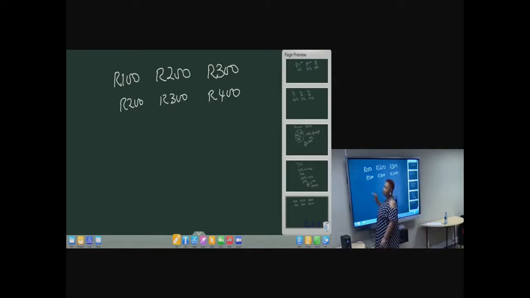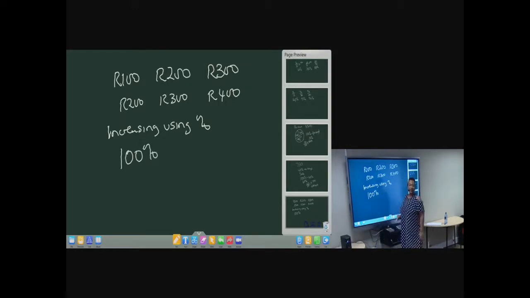So we use the percentages to increase. So increasing using percentages. Okay? When you want to increase using a percentage, what we are increasing, we take it to represent 100%.